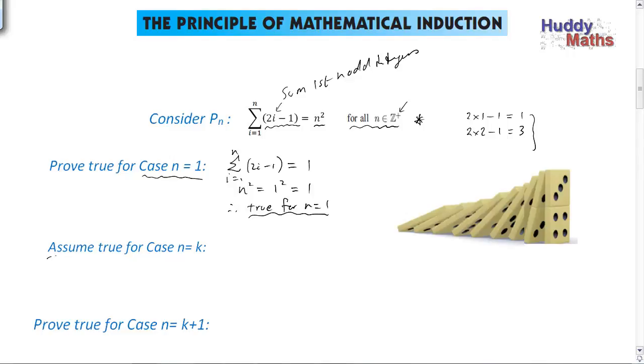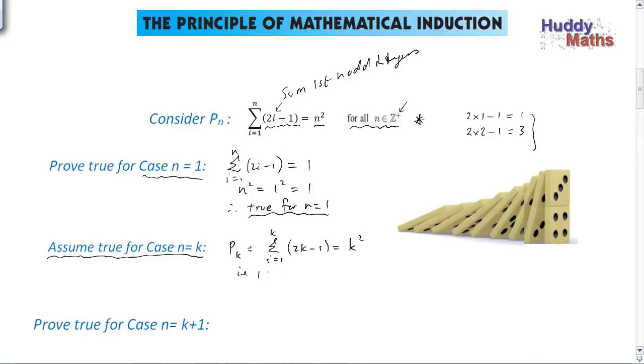Now, this is a strange step. Assume true for case n equals k. The proposition in k is that the sum, i equals 1 to k, of 2i take 1, up to 2k take 1, equals k squared. What does that mean?